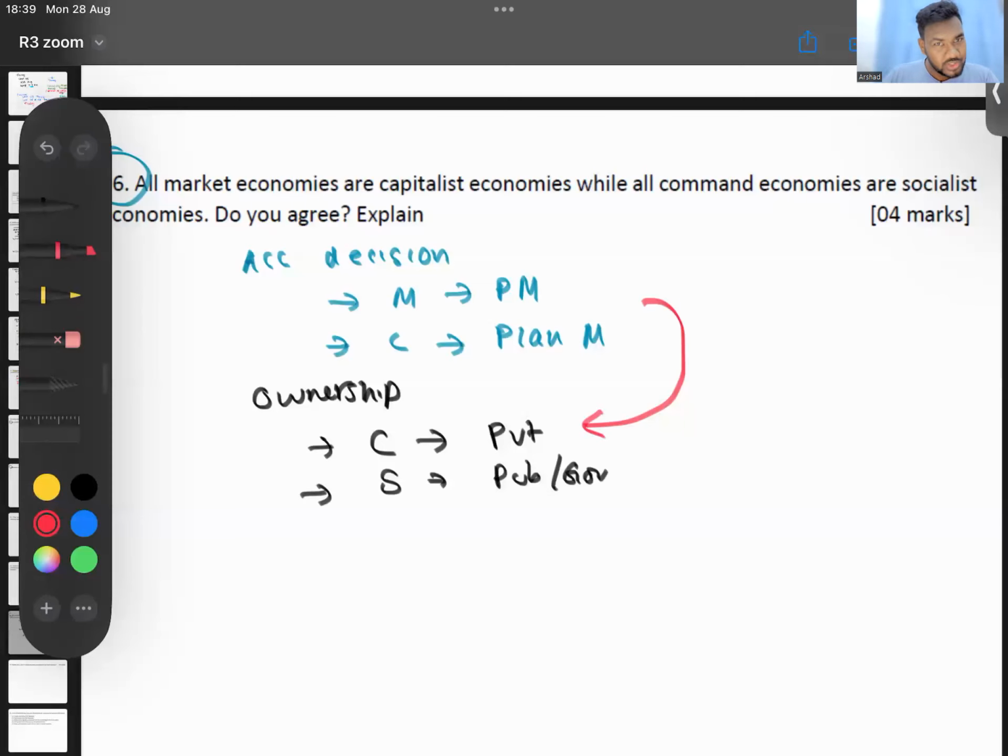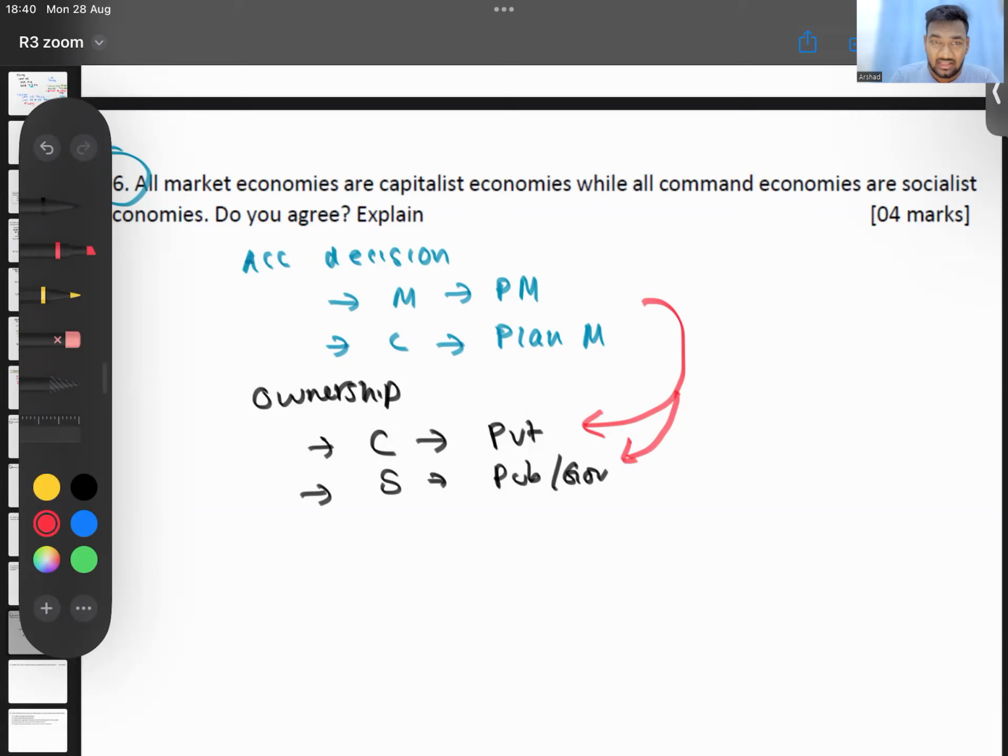That means usually a market economy will be a capitalist economy, but it doesn't always have to be. So you can say there can be market economies that have government ownership as well. There can be economies that use the price mechanism, but resources are owned by the government.